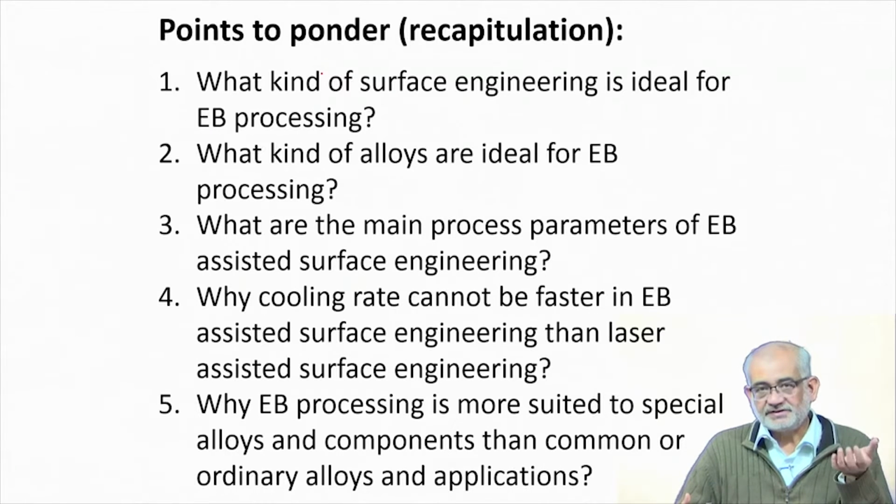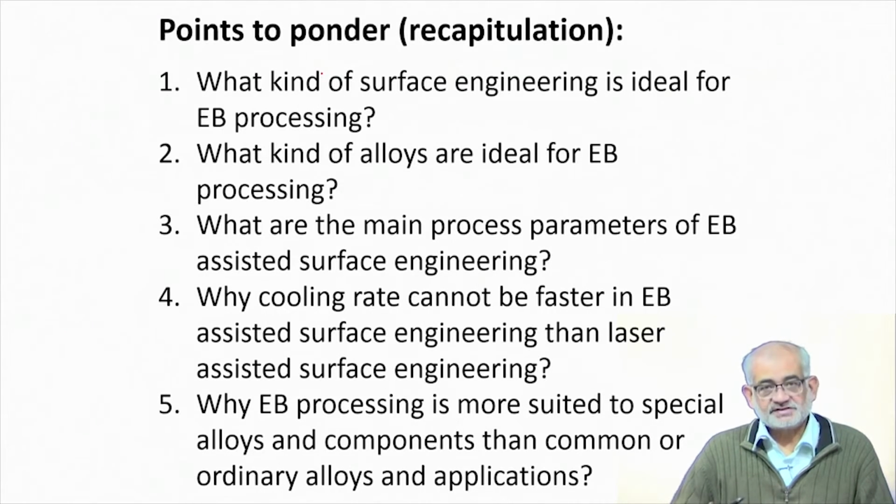The process parameters, just like welding, here also are the beam current, the applied voltage between the anode and cathode, the degree of vacuum, the degree of overlap, the relative position of the focus with respect to the substrate surface. All these are very standard process parameters.